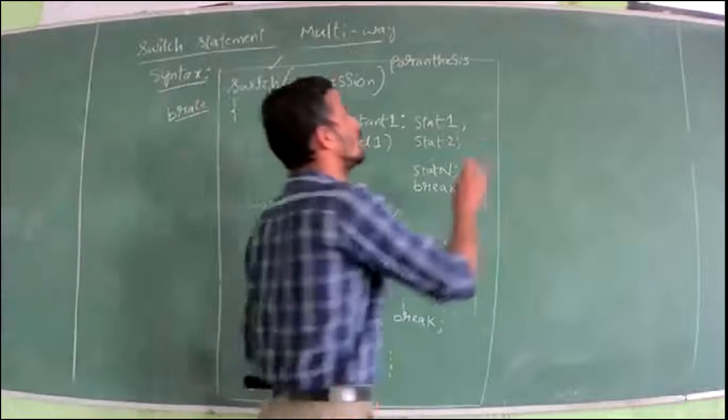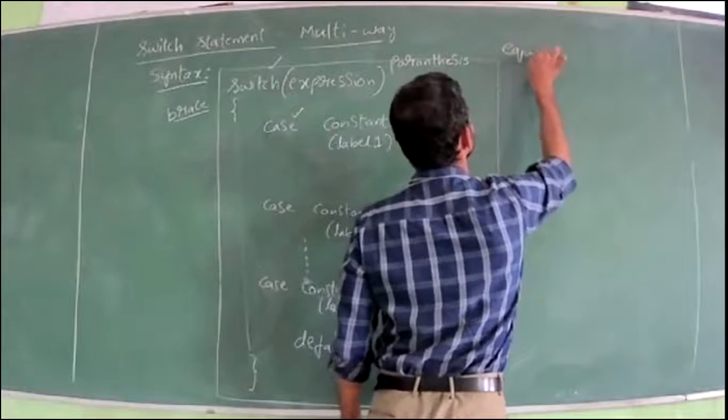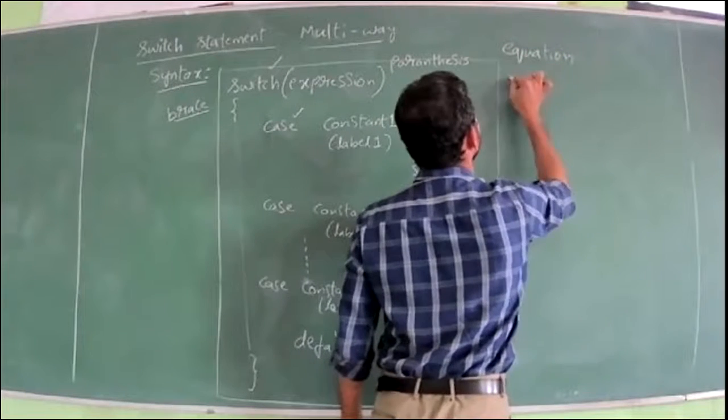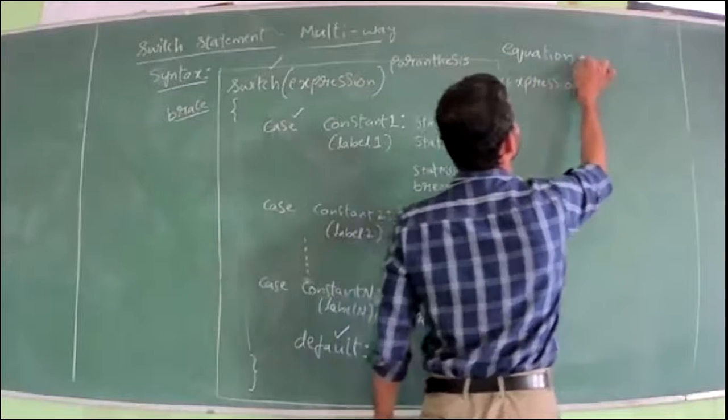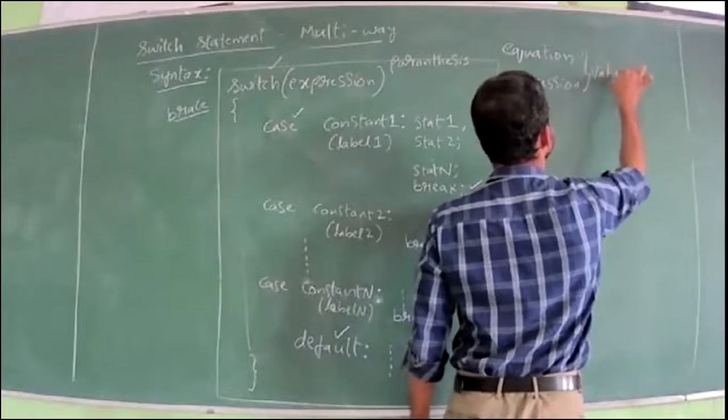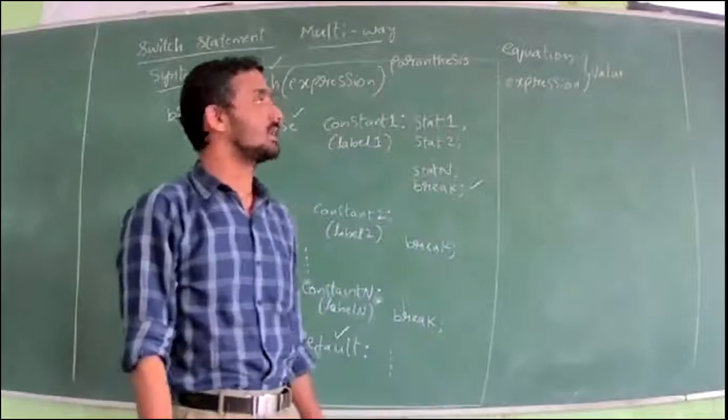When you say equation or expression, for both we will get a value. Am I right? A result. For both the things we'll get a value.